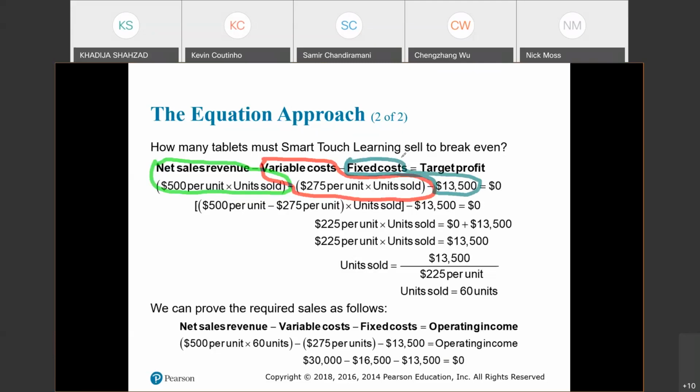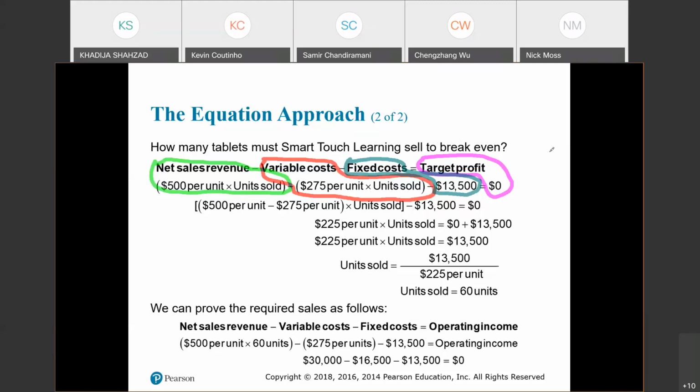To get the break-even point, as I said, the target profit should be 0. So in this equation, the only unknown element is units sold.